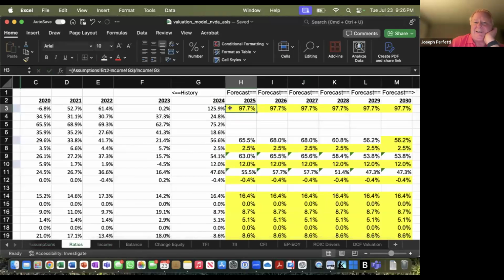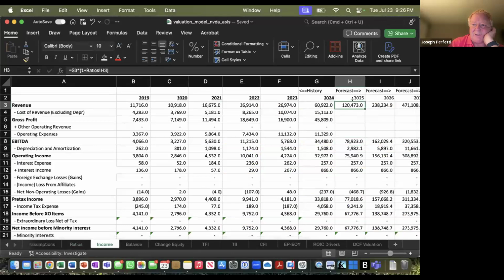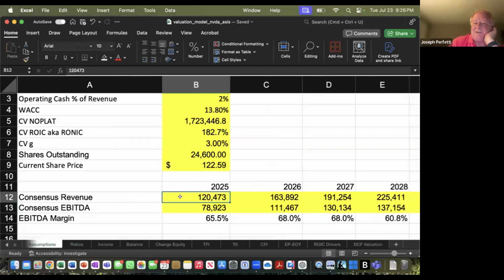So the market's expecting Nvidia's revenue next year to grow 97.7%, which would get me to 124.73, which is the consensus. So we're just backing into the growth rate that gets me to the consensus.